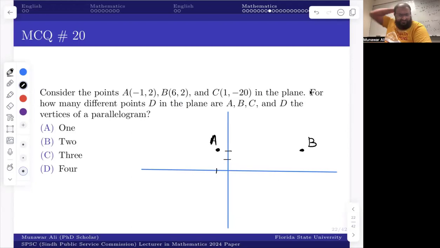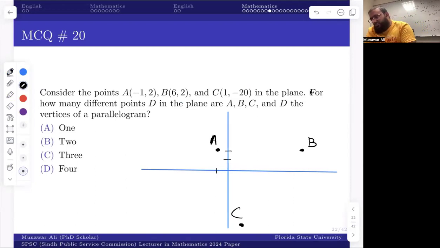Am I mistaken? So it'd be somewhere here. So this is C. So how many different points D can we make the vertices of a parallelogram? Okay. What should that be?